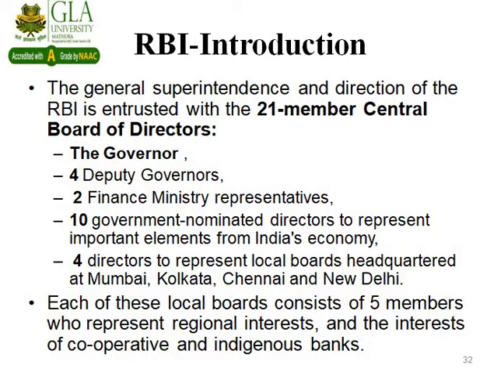Then we have 2 finance ministry representatives, 10 government nominated directors to represent important elements from India's economy, and 4 directors to represent local boards headquartered at Mumbai, Kolkata, Chennai and New Delhi. Each of these local boards consists of 5 members who represent regional interest and the interest of the cooperative and the indigenous banks.